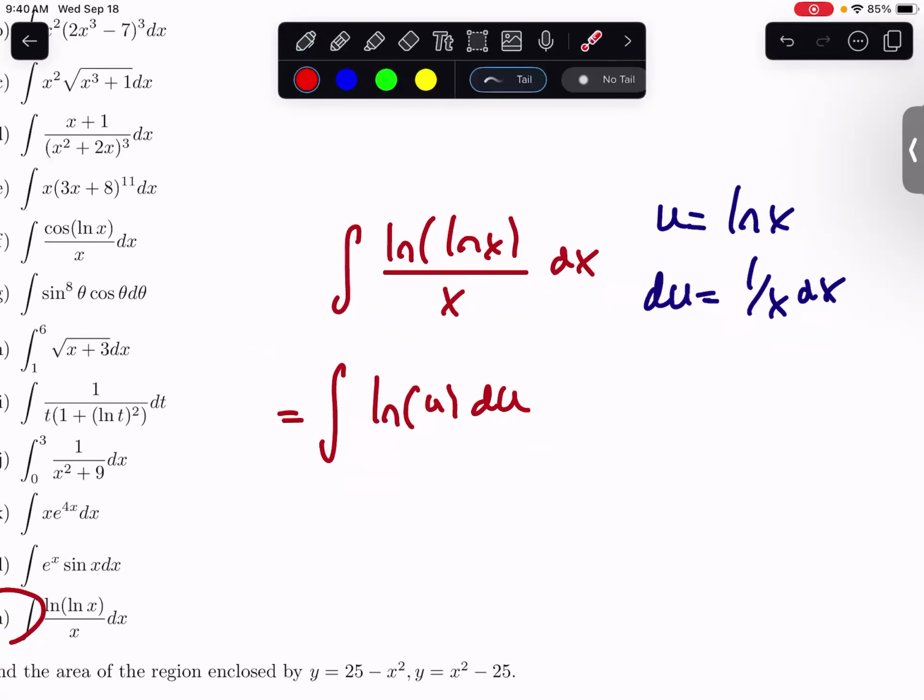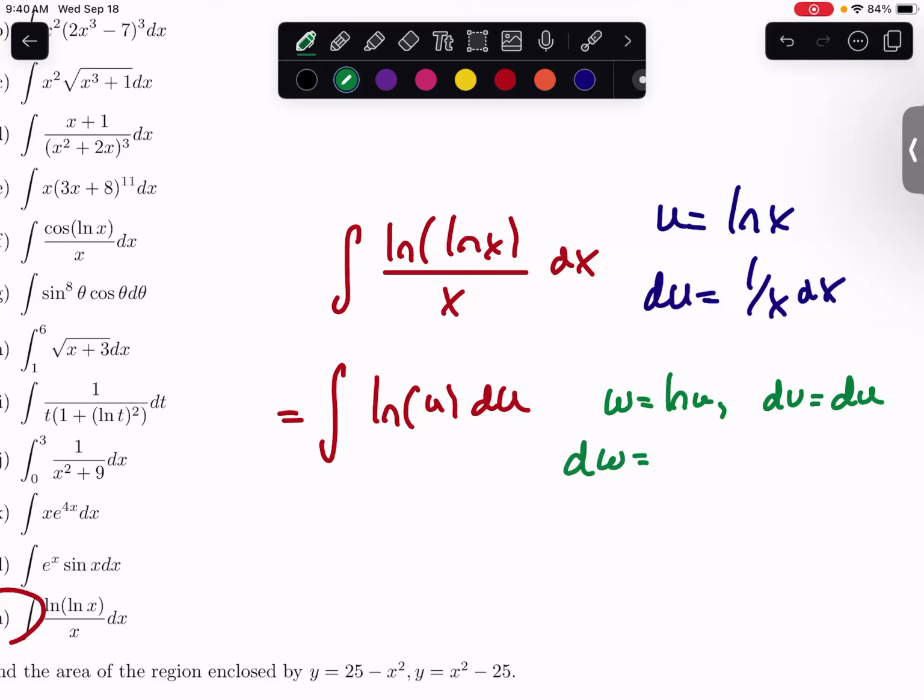If you want to find this integral, you want to use integration by parts. We already used u once, so instead of u and v, I'm going to write w instead of u. I'm going to say w is equal to the natural log of u. Then I'm going to say that dv is equal to du. Taking the derivative of both sides, you'll get dw equals 1 over u du, and for v, you'll get that v is equal to u.